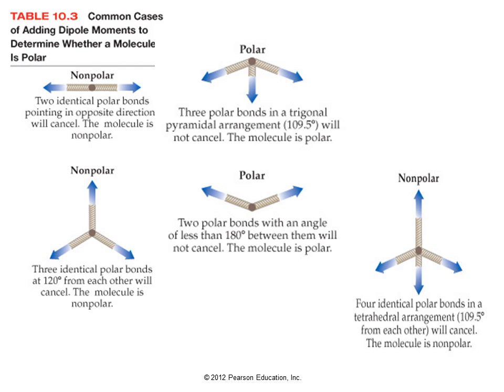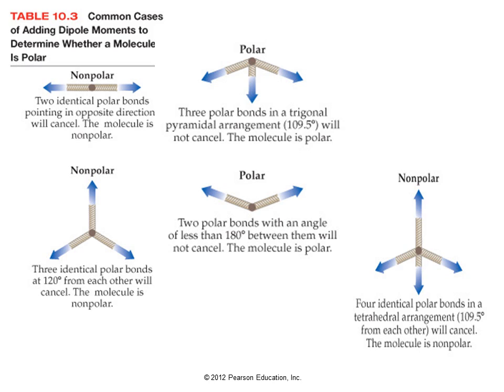So here's the way this cancellation works. If they're identical polar bonds 180 degrees apart, the molecule is nonpolar. If they're identical polar bonds 120 degrees apart, then the molecule is nonpolar. However, in the case of a trigonal pyramid, if they're identical polar bonds but not pointed in the 120 degree direction, they don't cancel.